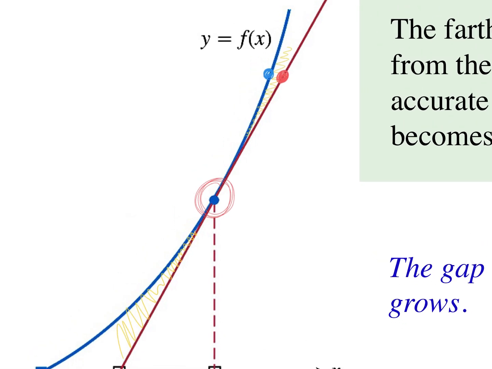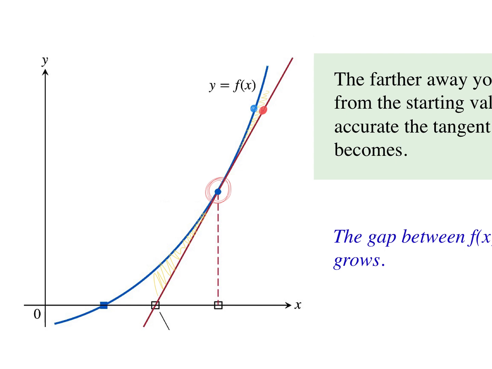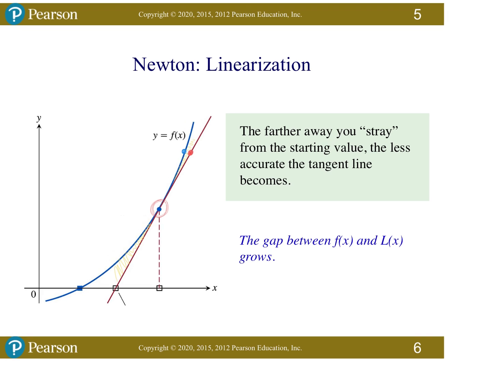So Newton knew that his estimate, although very accurate within thousandths, was going to be slightly below the actual real value because of the concavity. If he was working with a different concavity, he might know his estimate was slightly above. So he always checked his concavity. So the gap grows.